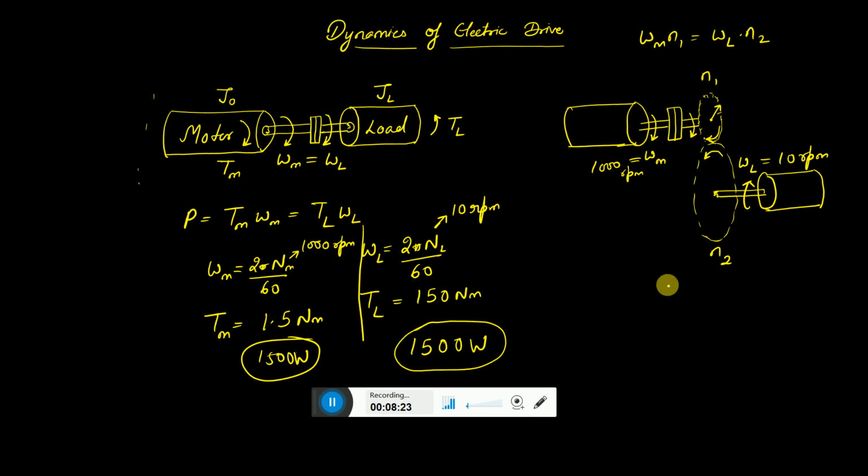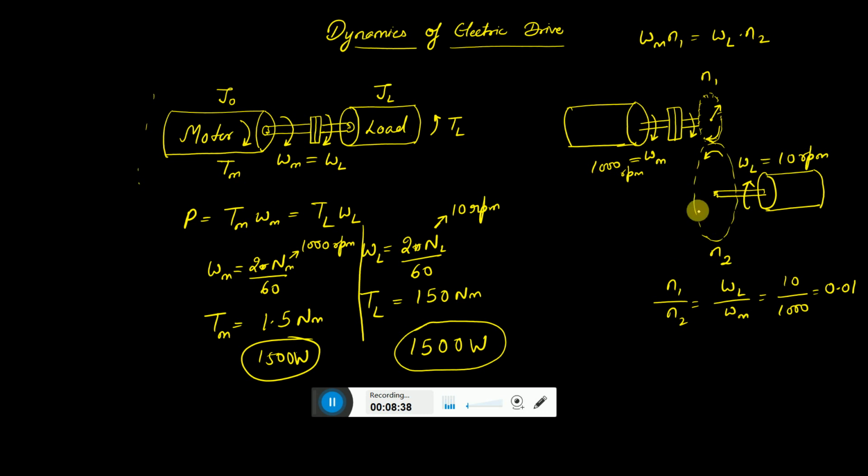So from that we can write N1 by N2 is equal to omega L by omega M, which is 10 by 1000, that is 0.01.